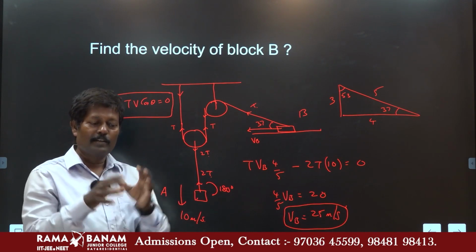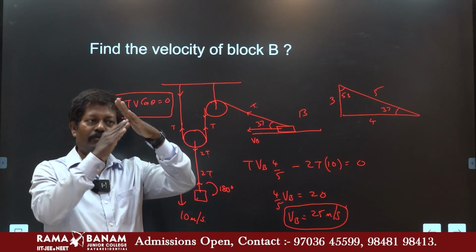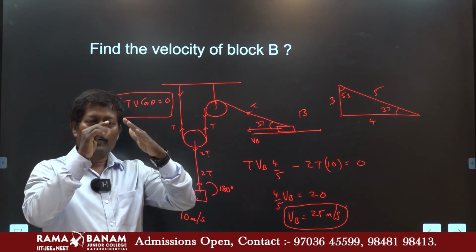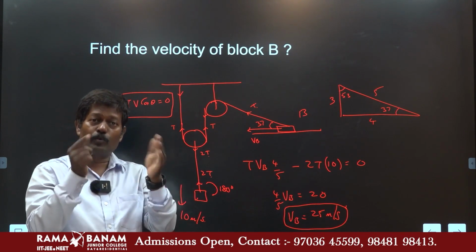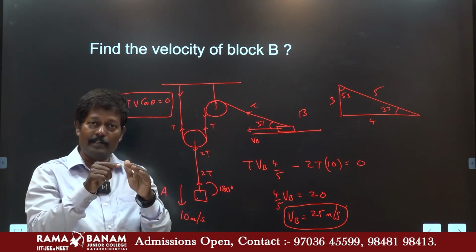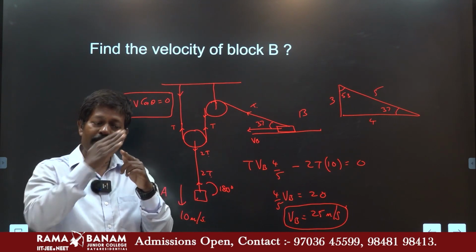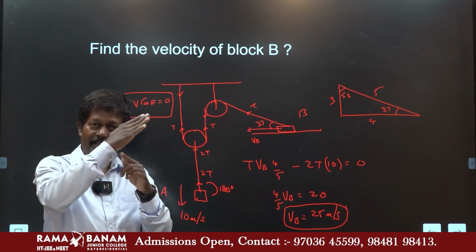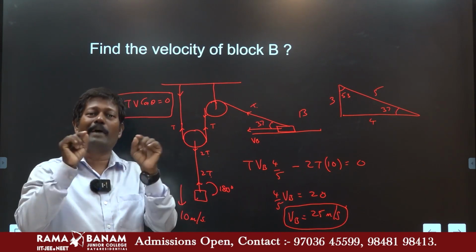The other is when one body is moving over the other, the component of velocity of both the bodies perpendicular to the surface of contact should match.